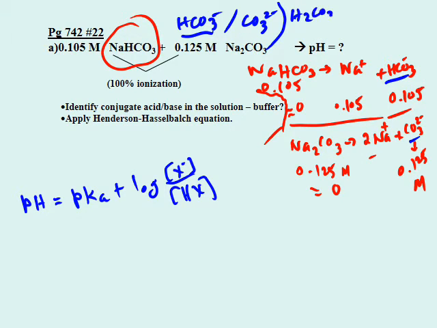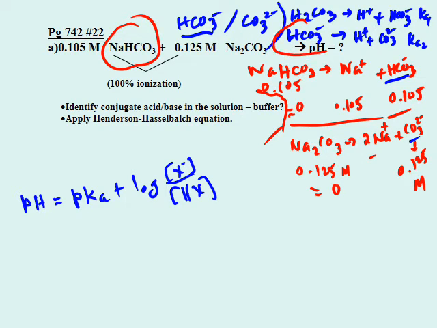H2CO3 in the first step would give H plus and HCO3 minus, and that's Ka1. In the second step, HCO3 minus is going to break down into H plus and CO3 2 minus, that's Ka2. In this case we're dealing with HCO3 minus and CO3 2 minus. Obviously we're interested in Ka2.